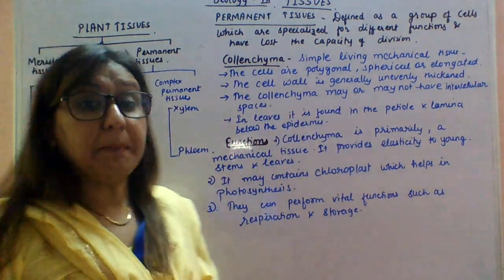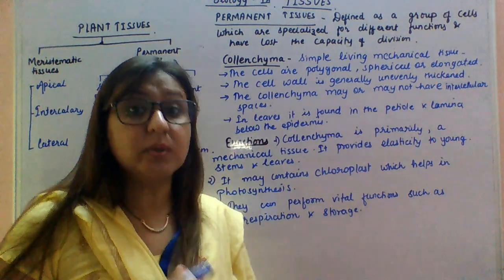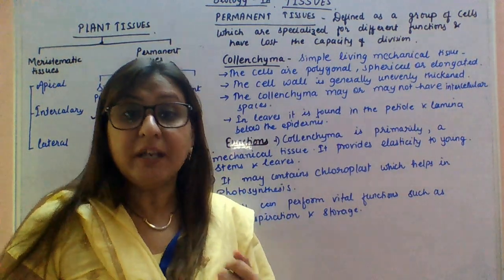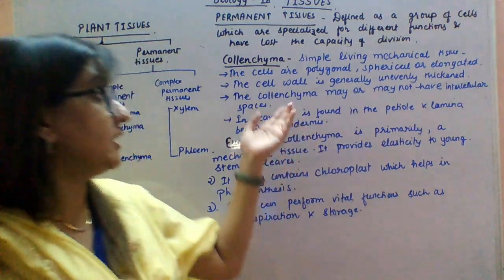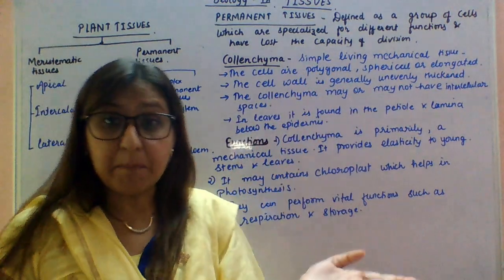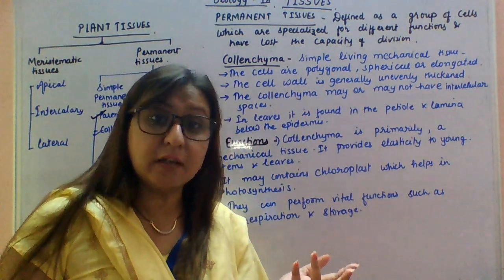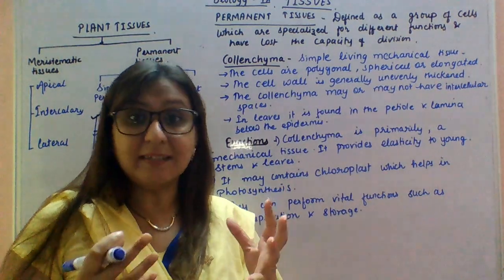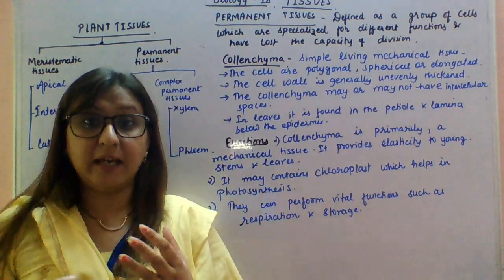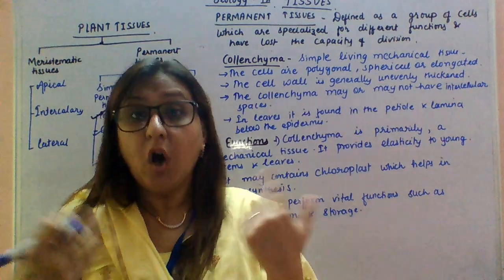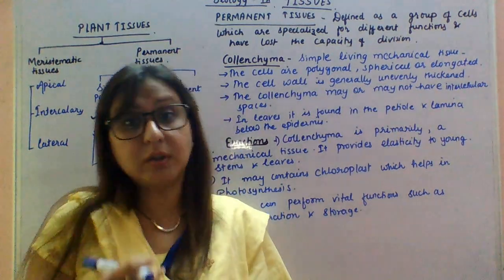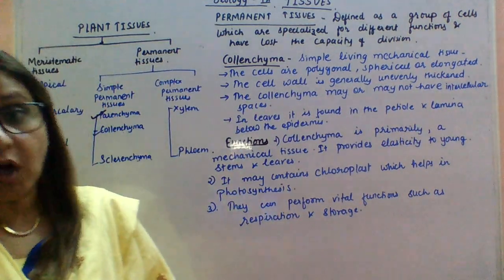Next, collenchymatous tissues may or may not have intercellular spaces. In some parts they have intercellular spaces when the cells are loosely packed, or sometimes they are tightly packed, so the intercellular spaces are not present.